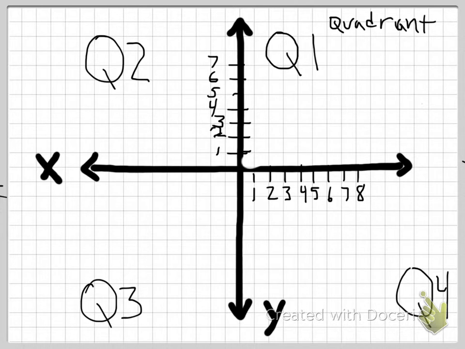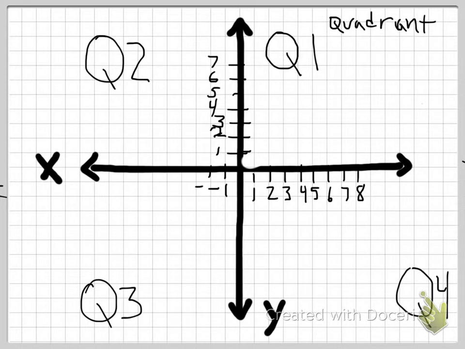Now I want to point out that so far, both of these sets of numbers are positive. So they would be positive 1, positive 2, positive 3. But we could go in the other direction, and the numbers would be negative. So if I were to start at the origin, which remember, the origin is right in here, and I move in the other direction on the x-axis, my first number is going to be negative 1.